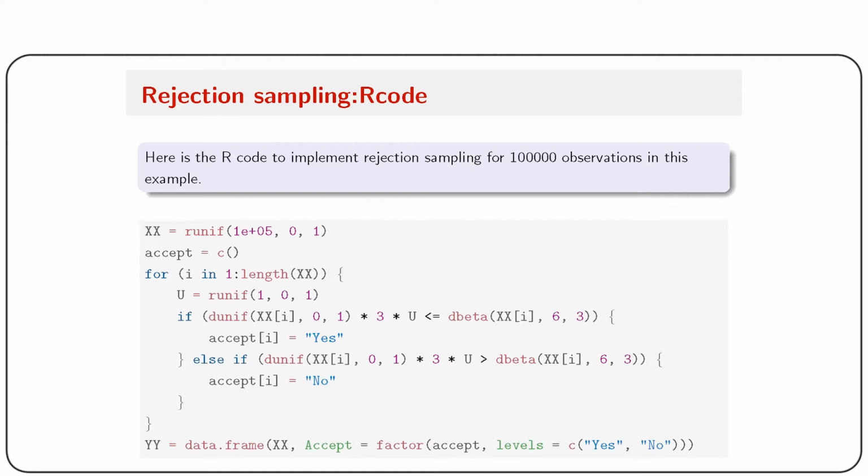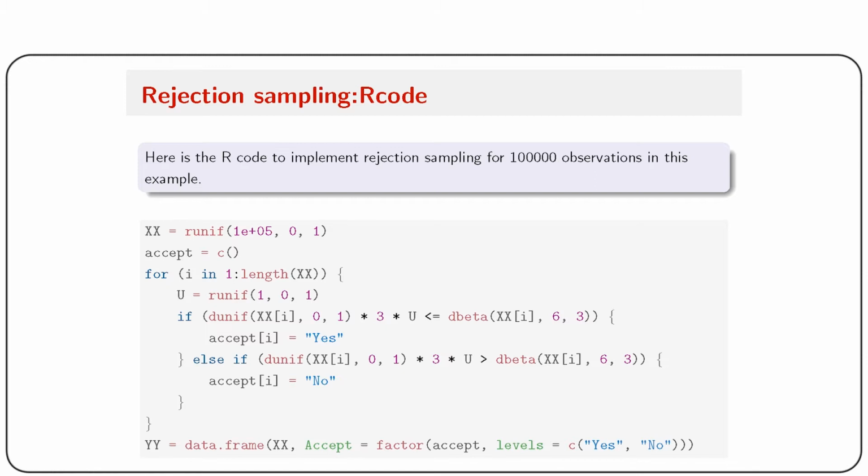Within the for loop the algorithm is implemented: u equals runif(1), one uniform random variate generated first, and then if dunif(xx[i],0,1) times 3 times u is less than or equal to dbeta(xx[i],6,3), then accept[i] equals yes.